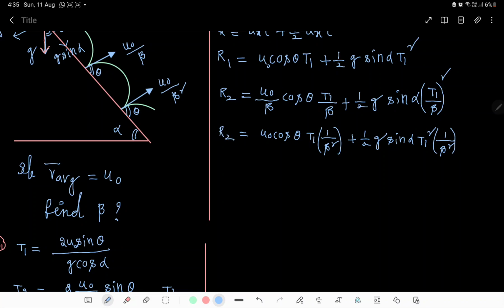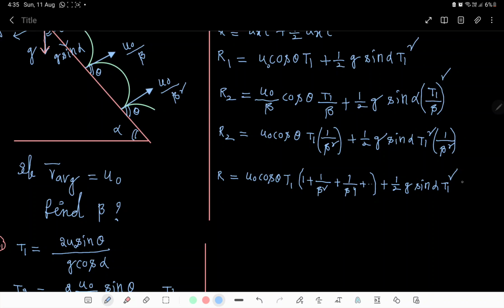So this net range, or net displacement, can be written as r equal to, you can take out this u0 cos theta t1 from the first term, and this can be written as 1 plus 1 by beta square plus 1 by beta power 4 and so on, plus half g sin alpha t1 square.